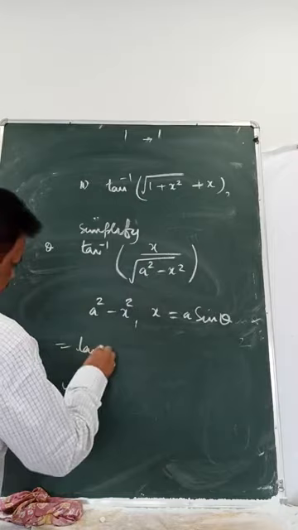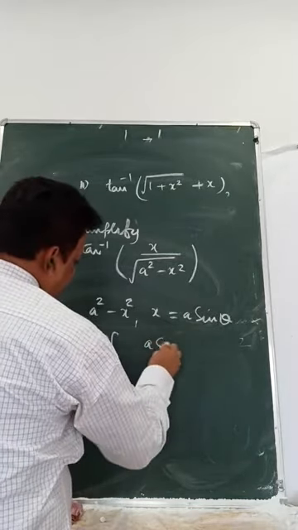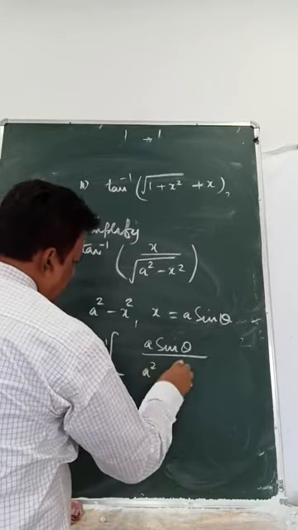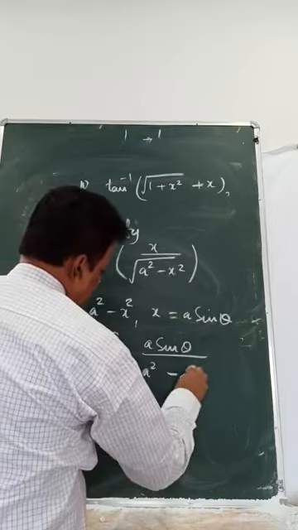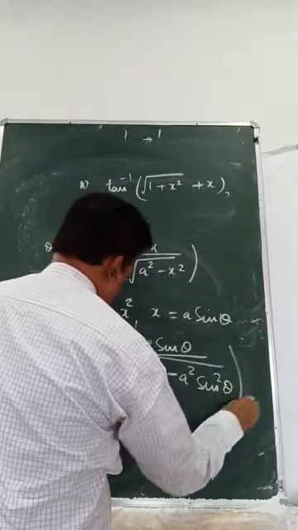Tan inverse, x means a sin theta, by square root of (a square minus x square), so a square minus a square sin square theta under square root.